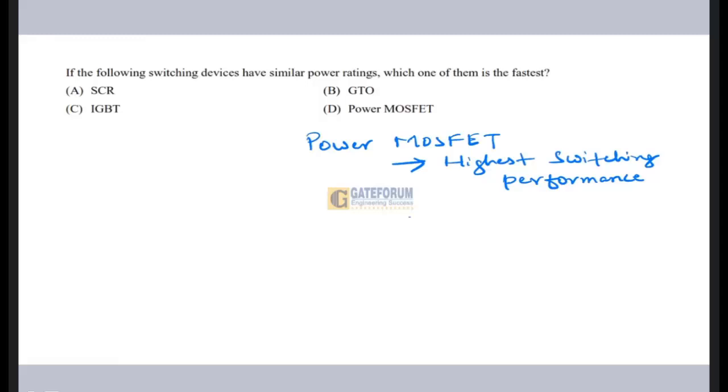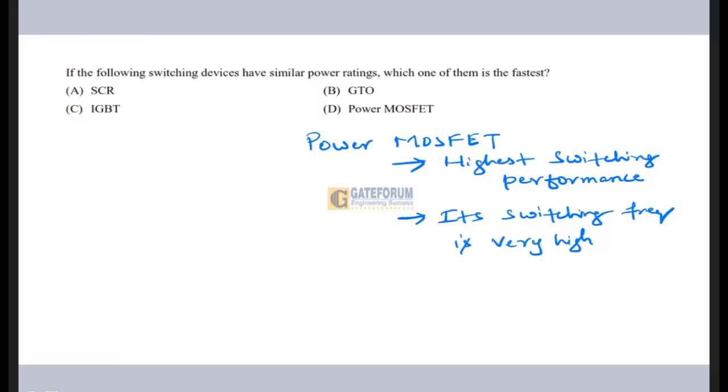That means its switching frequency is very high compared to SCR, GTO or IGBT. And the reason for this is that power MOSFET is a majority carrier device.